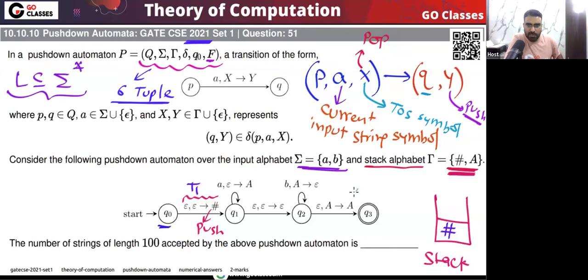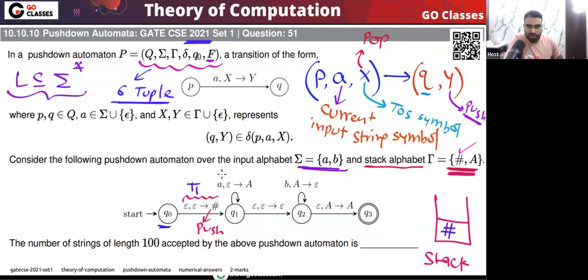And in this given PDA, you can see in transition T1 we are pushing the symbol hash. This is a stack alphabet symbol. So this hash will work as the bottom of the stack symbol. Is this clear?